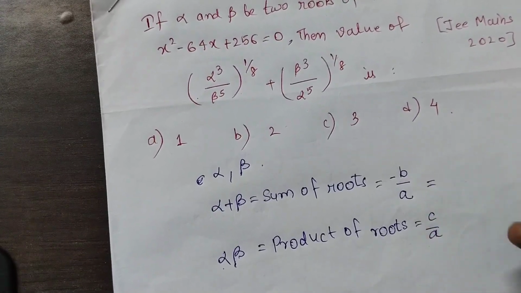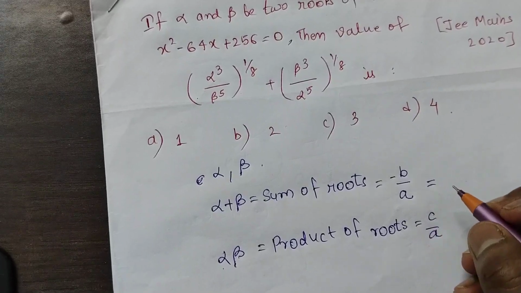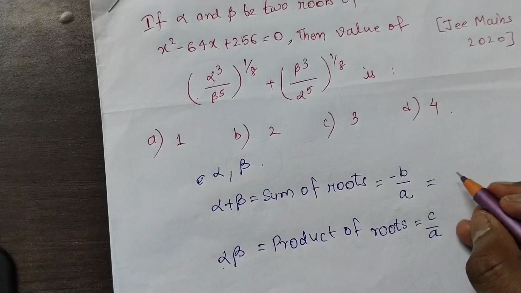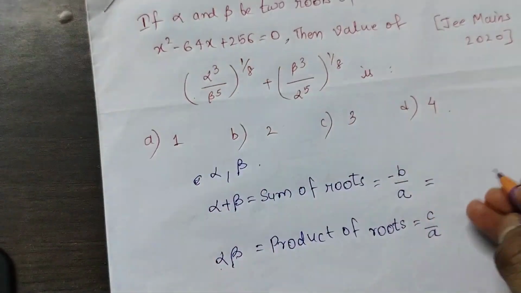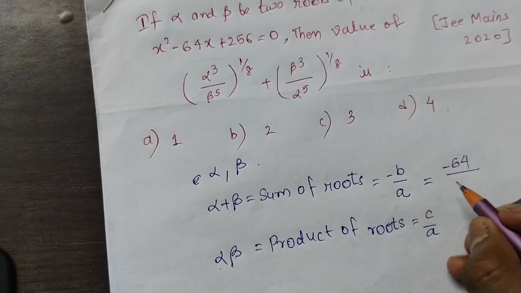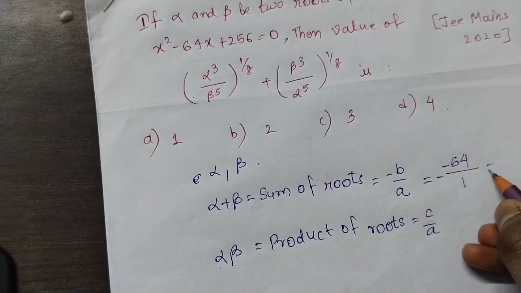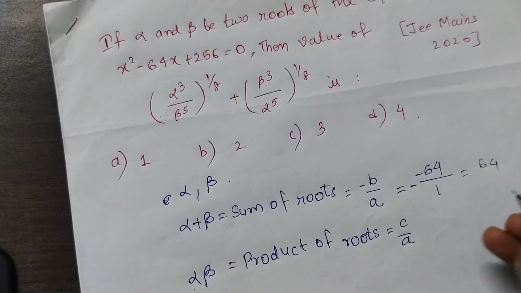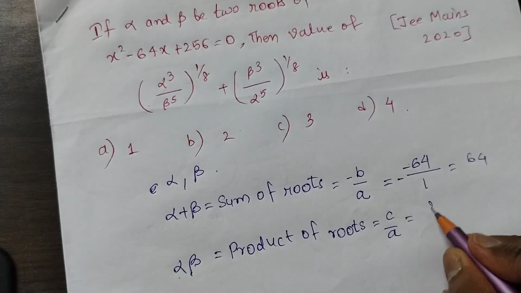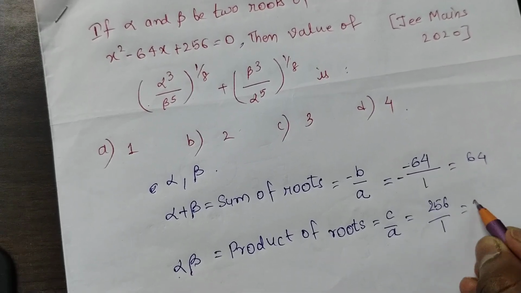So here minus b by a is nothing but 64, since b is minus 64 and a is 1, and c by a is 256 by 1, that is 256.